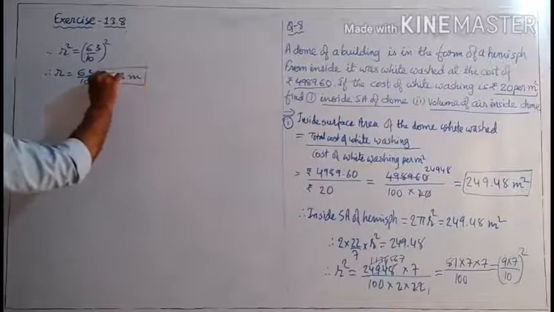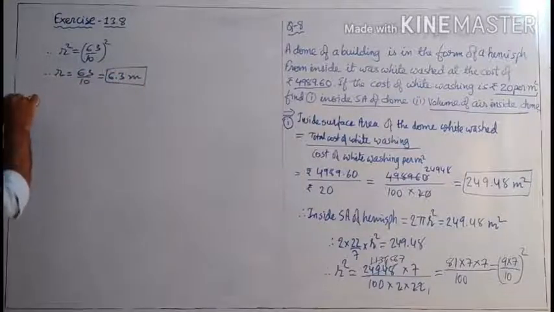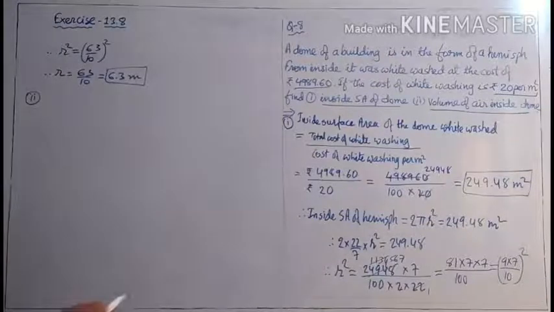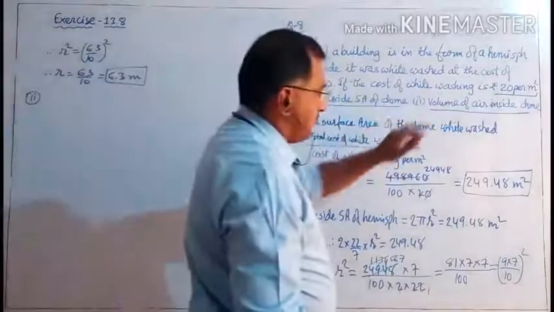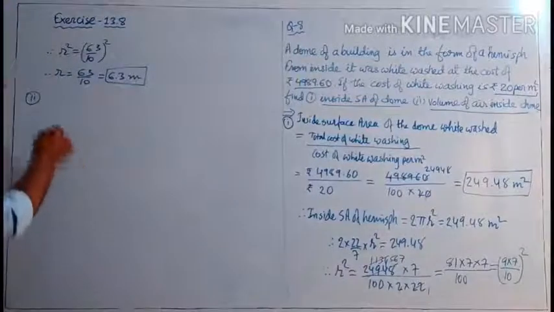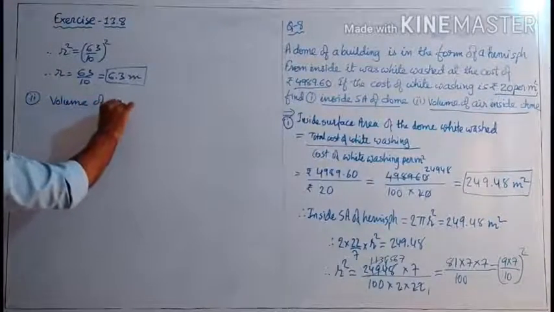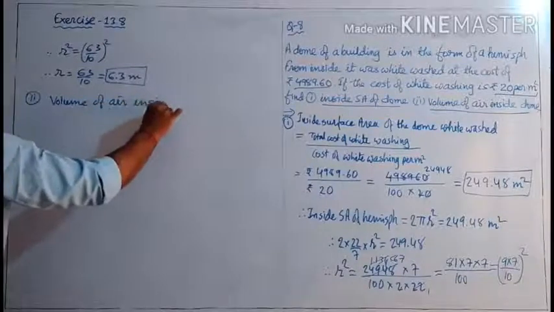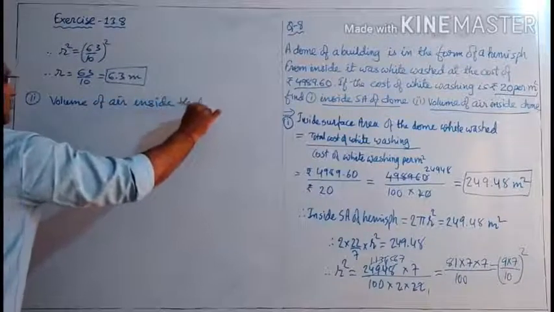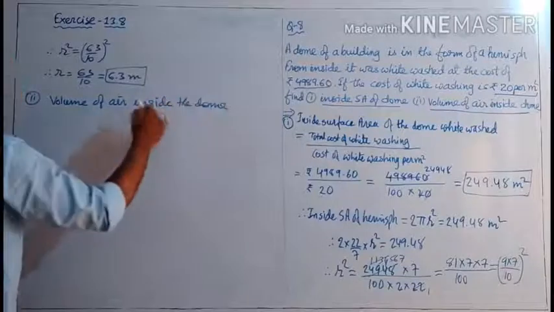So now this is the radius. So second part is now we have to calculate here the volume of air inside the dome. So volume of air inside the dome, your dome is hemispherical.